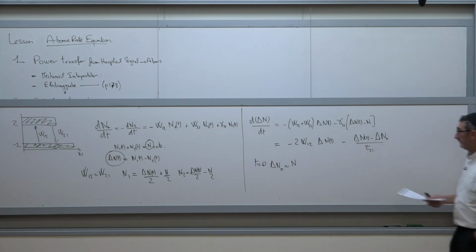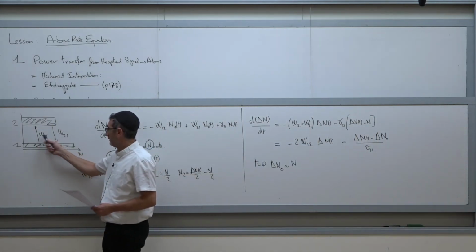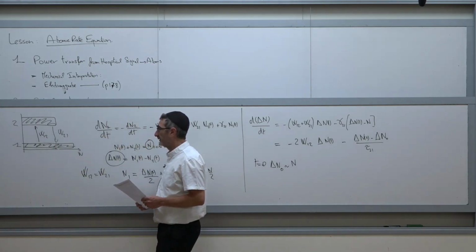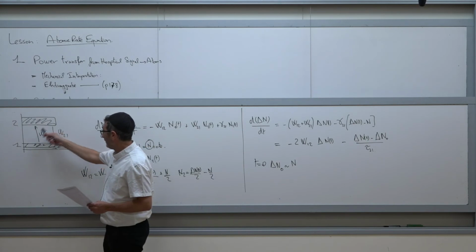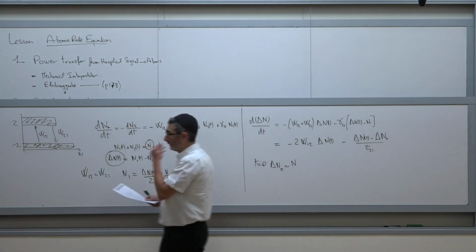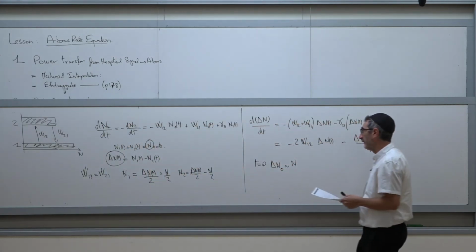So with this stimulated process, at maximum you will reduce n1 and increase n2 so that they will be equal. You will have equal probability of transition upward and downward in the system.